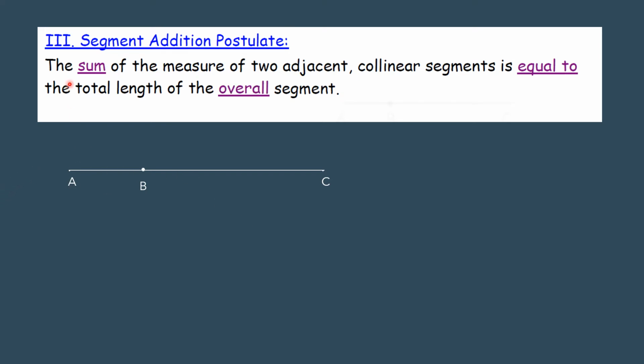Okay, so the sum of the measures of the two adjacent collinear, meaning in a straight line, segments is equal to the total length of the overall segment.